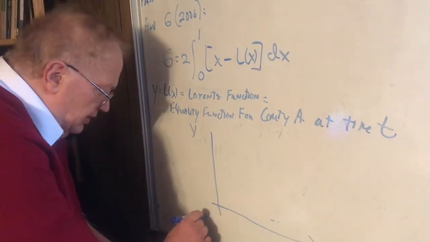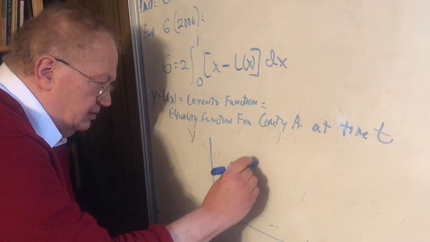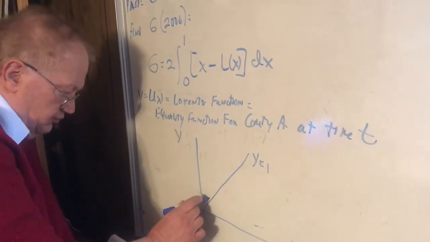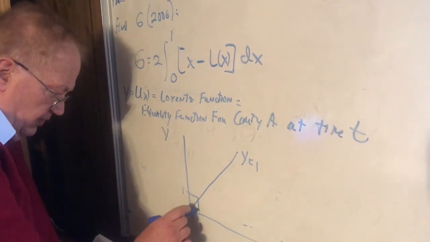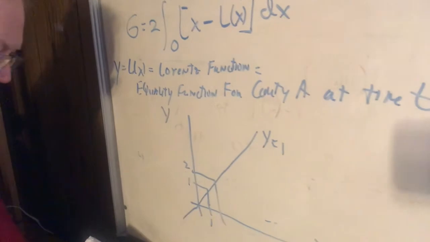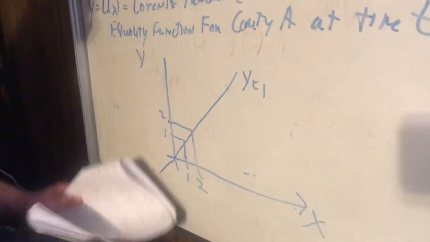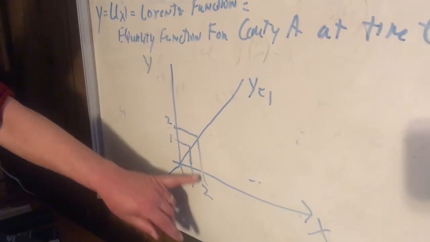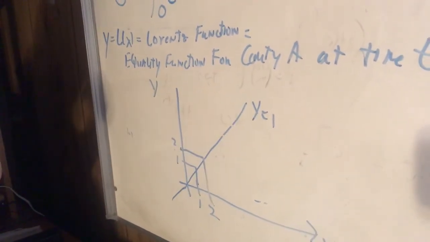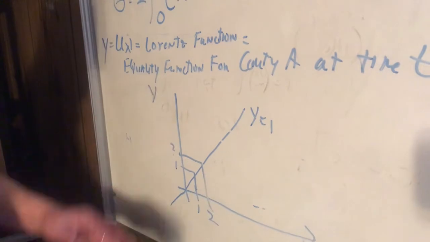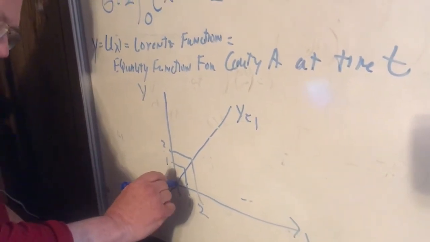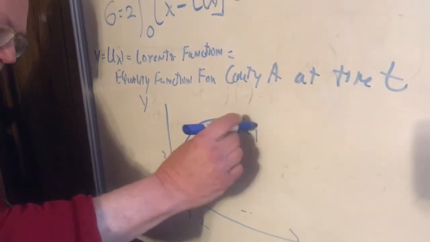Now, let's look at a line here. y equals x. This y equals x is at a 45-degree slope. So if you have $2 here, you're going to have $2 here. Any point on here, income is equally distributed between these two. What a Lorentz function does, like for example, it could be a quadratic.